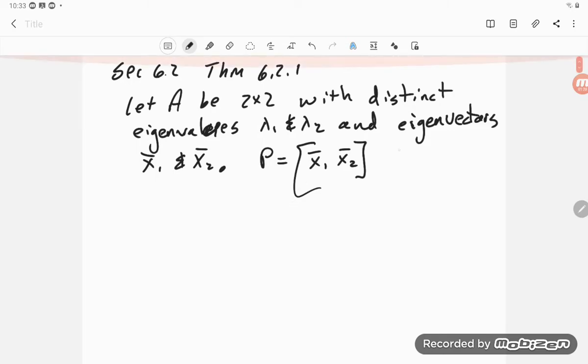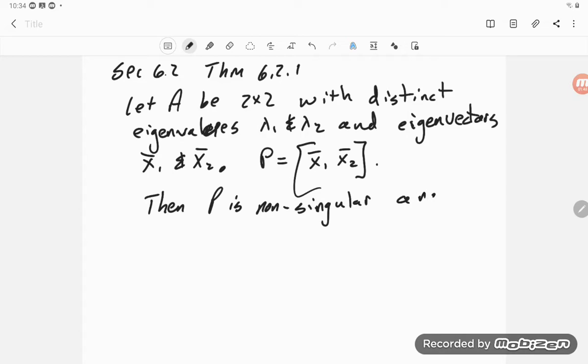It says then, P is non-singular, and P inverse AP is equal to the diagonal matrix lambda 1, lambda 2.